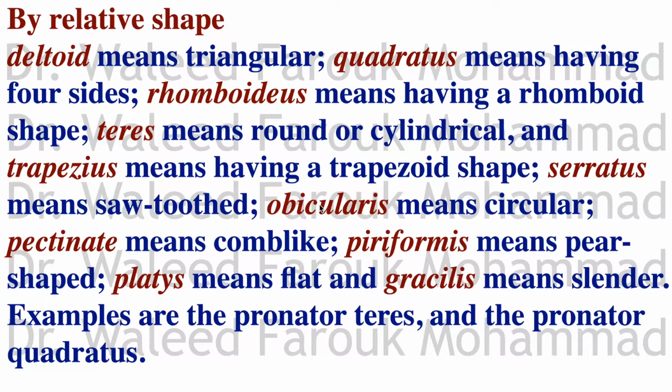Also, as examples of the terms teres and quadratus, like the pronator teres and pronator quadratus, from your study of anatomy, you will understand each muscle name and how it acquired its name.